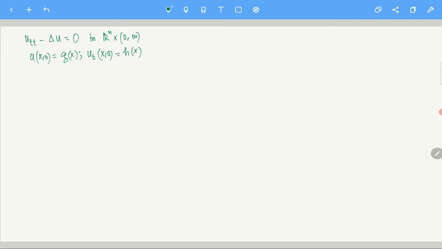Now what is our aim? Our aim is to find an explicit formula for u in terms of g and h, right?